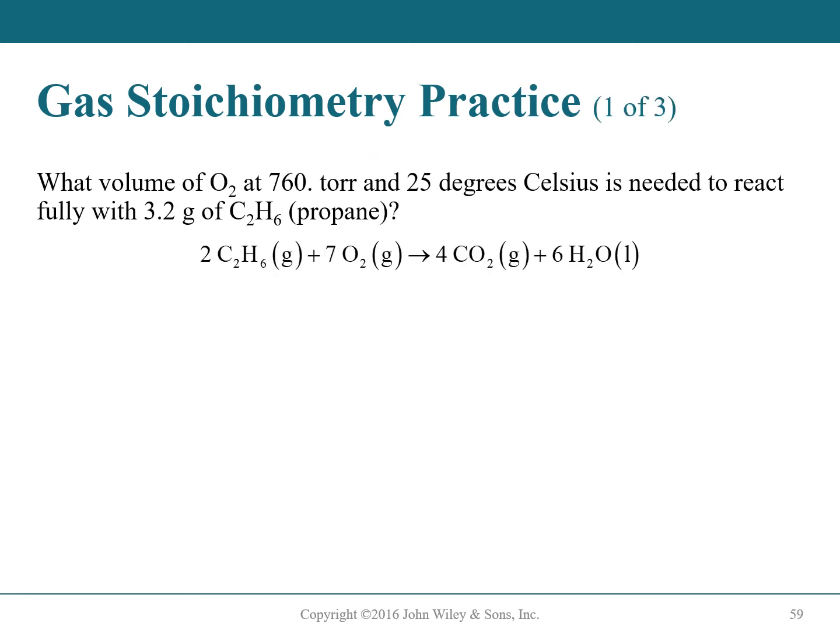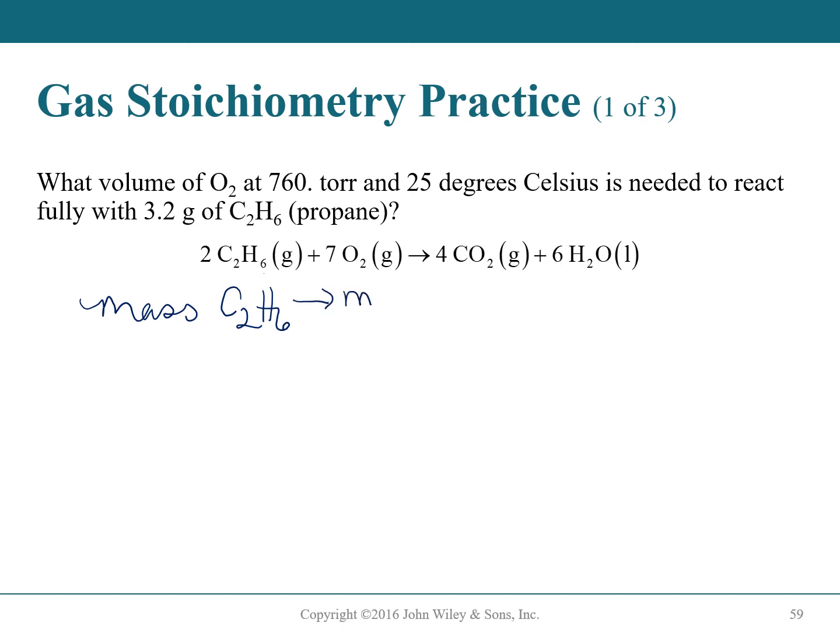Okay, so let's do one more. So we want the volume of oxygen at 760 torr and 25 degrees Celsius, and we need it to fully react with 3.2 grams of ethane. In this case, we're starting off with the mass of C2H6.